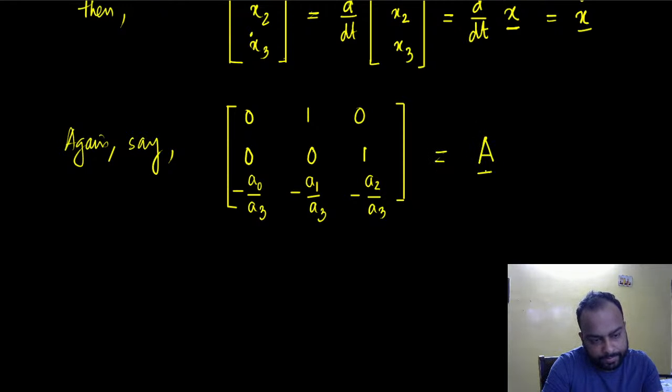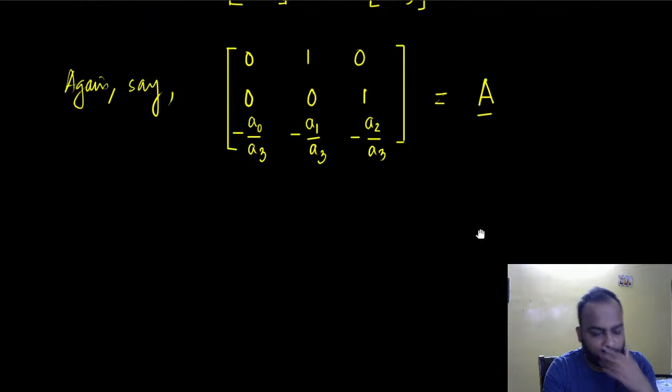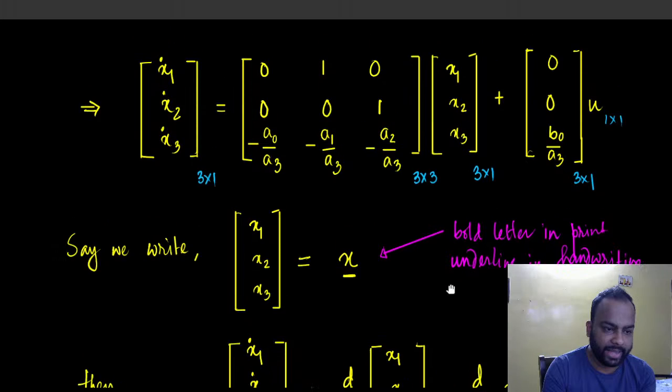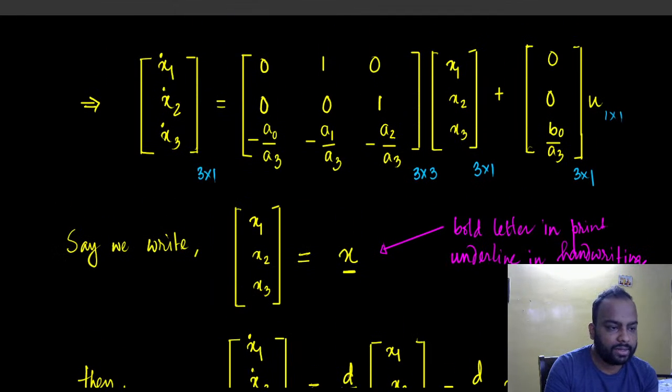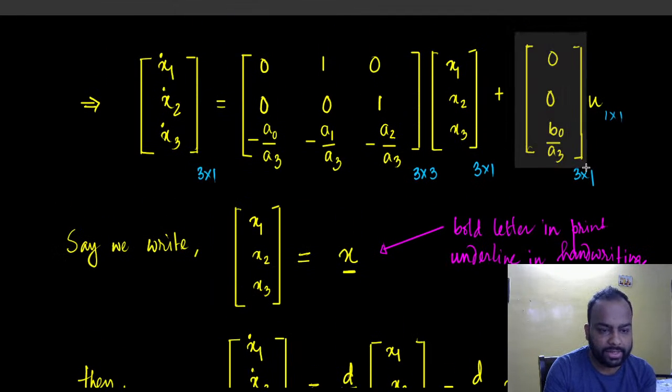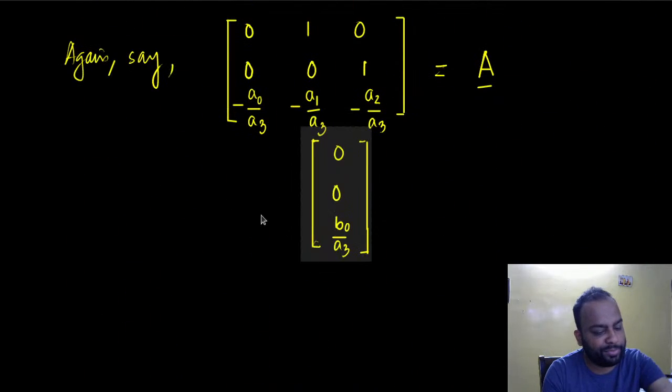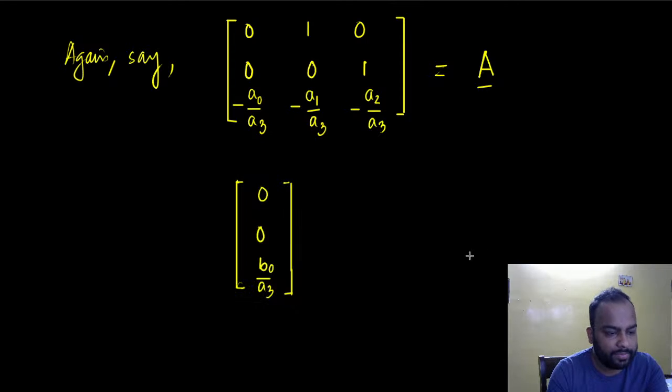That's A. All right, let's call this A. Let's give it names. And here we have another matrix. Again, I am just showing you a very special example here. Let's call this matrix B.